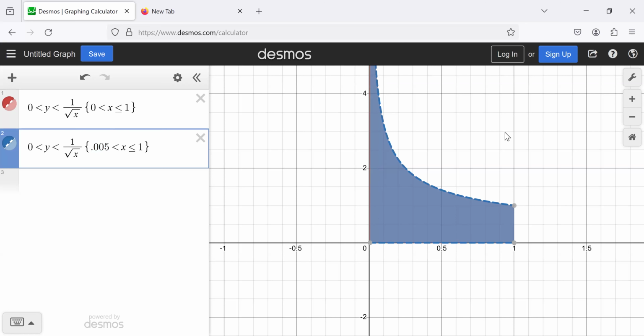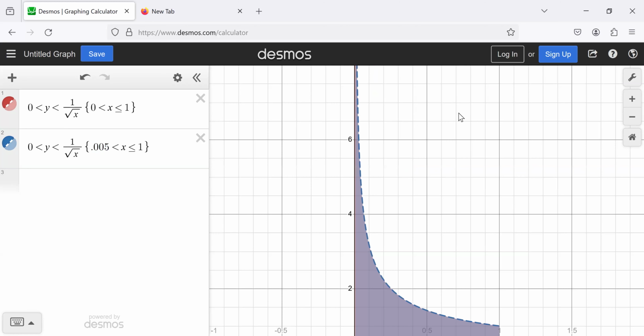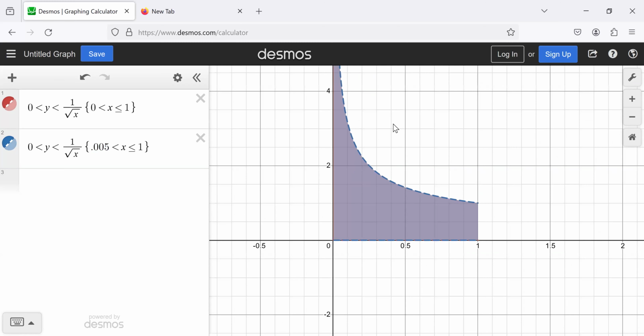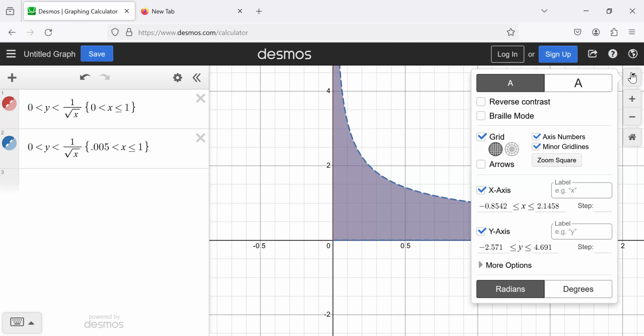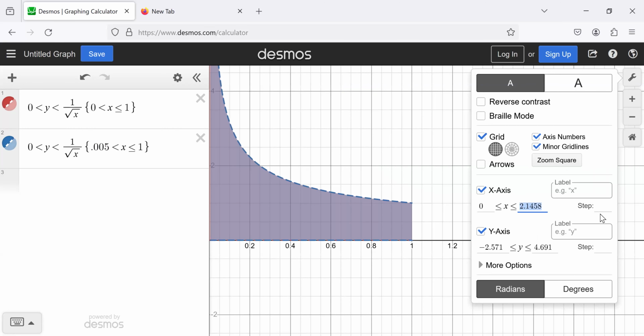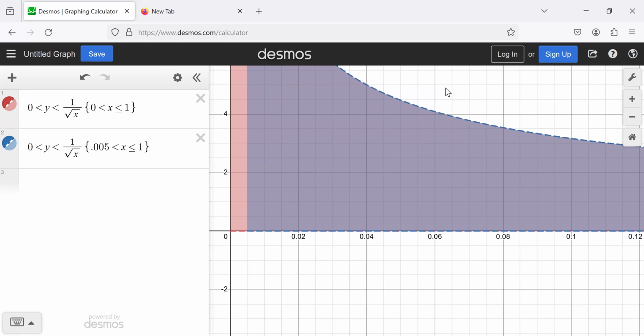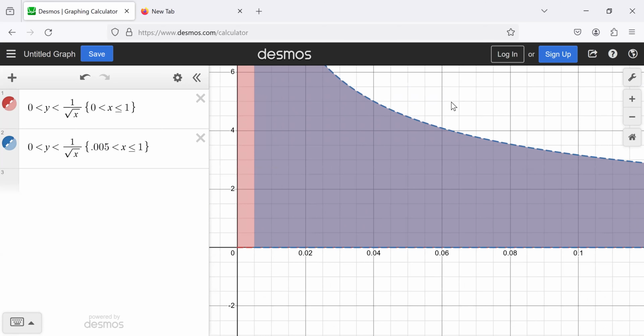If I go to 0.005, as far as we can tell, these regions are now the same. And I mean, they aren't. If we went to the graph settings and we let x start at 0 and go to 0.1, we could now see a difference, but to see this difference, we had to zoom in.